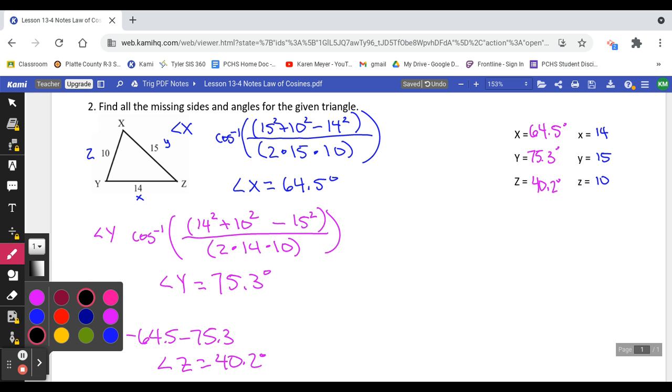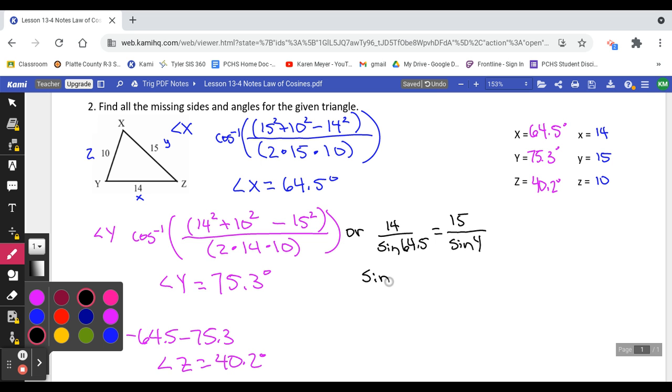So right here, I'm going to say, or, and let's pretend like we didn't want to do the law of cosines again for an angle. If I wanted to switch back to the law of sines, then I would say, okay, little x is 14 over sine of big X, which is 64.5, equals little y, which is 15, over the sine of big Y. Now remember, if you're trying to find an angle, you got to do inverse.